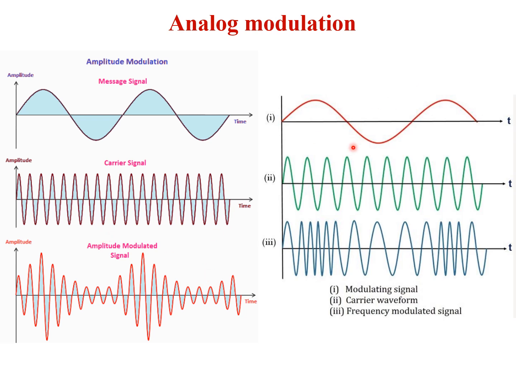Now let us see how the FM signal, or frequency modulated signal, is obtained. This is the message signal and this is the carrier signal. What is FM? The frequency of the carrier varies according to the instantaneous value of the message signal.